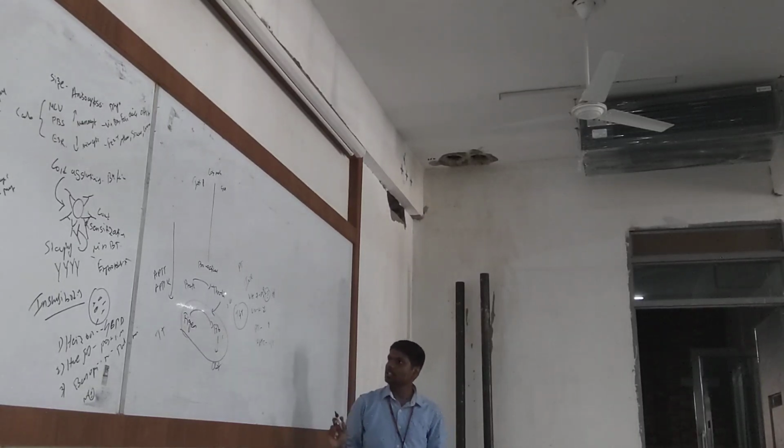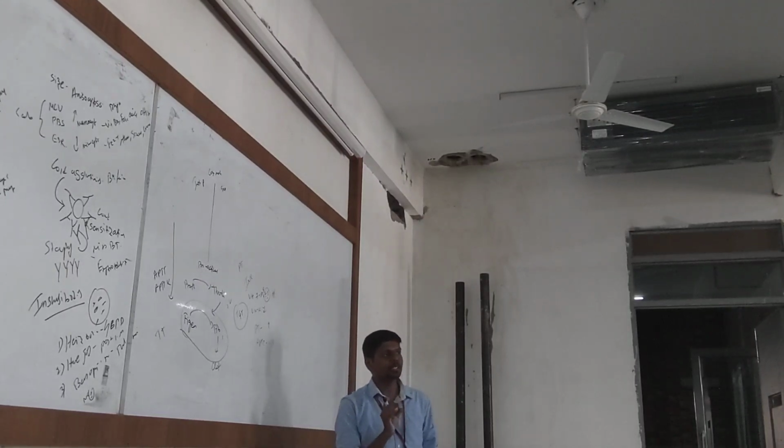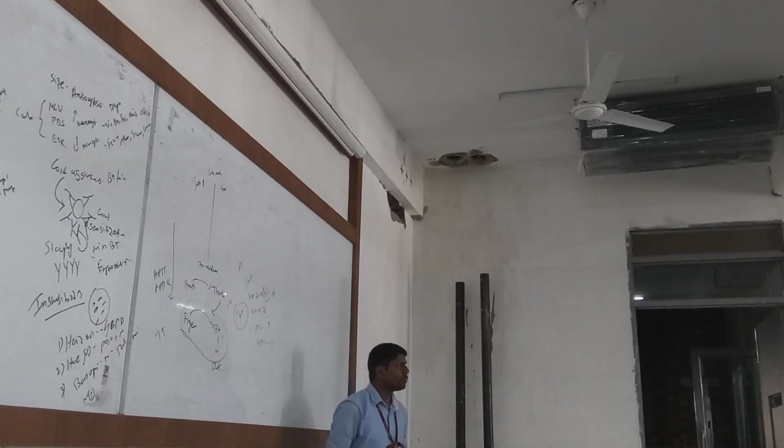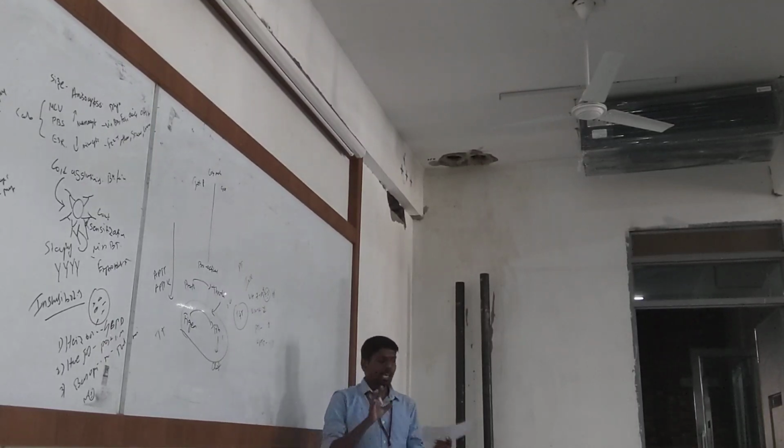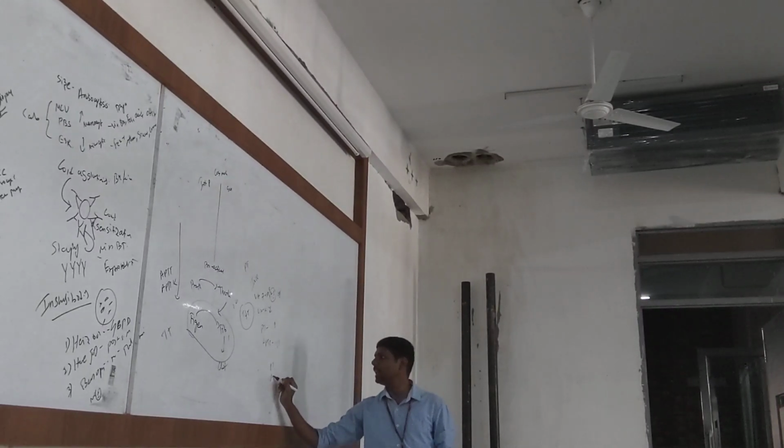Then in afibrinogenemia, what does afibrinogenemia mean? Absence of fibrinogen. In afibrinogenemia, what will be the results of PT, APTT, TT and TGT?